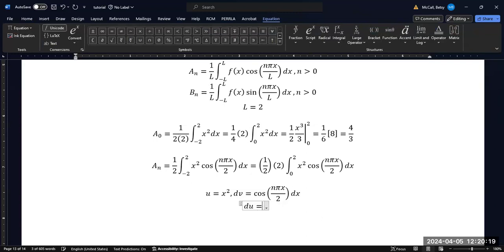And then du is going to be 2x. And v is going to be the antiderivative of cosine, so that'll be positive sine n pi x over 2. And then if I'm taking the derivative, I would multiply by n pi over 2. But since I am doing the antiderivative, I divide by that.